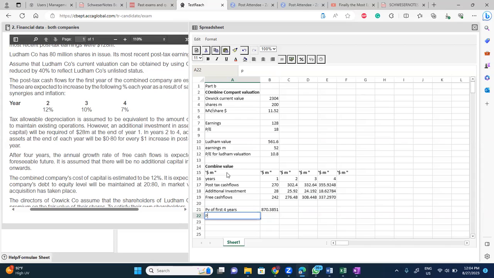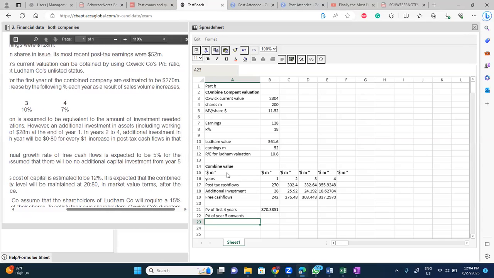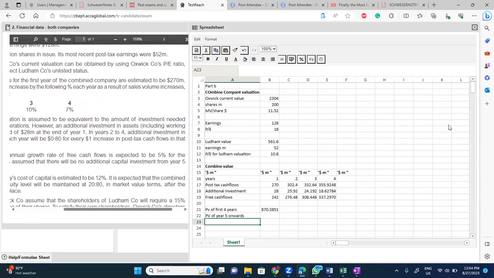Then present value of year 5 onwards. Here is a catch, guys. It is written after 4 years, there will be no additional capital investment from year 5 onwards. So that means this cash flow will increase, not the net cash flow.